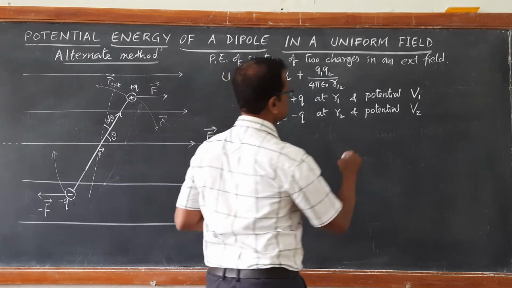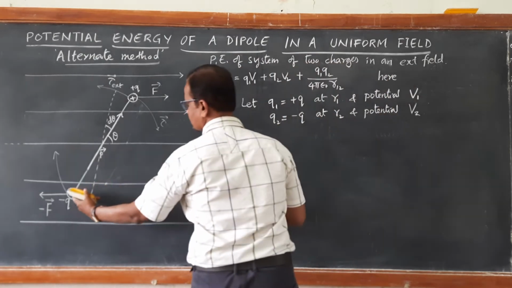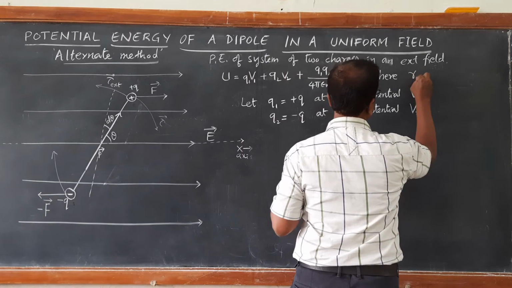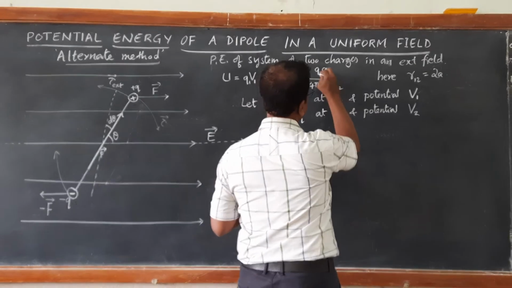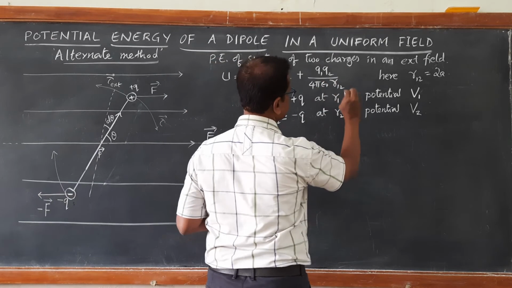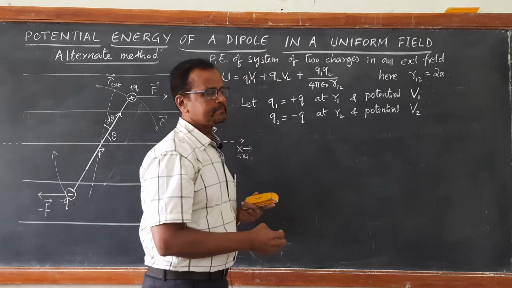Here R12 is the distance between the two charges. The distance between two charges is 2a. R12 is equal to 2a, right? And the product Q1 Q2 becomes Q square. So the last term becomes very simple, Q square upon 4 pi epsilon naught 2a, right?